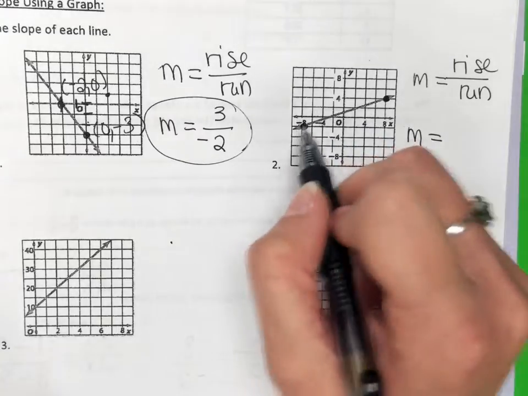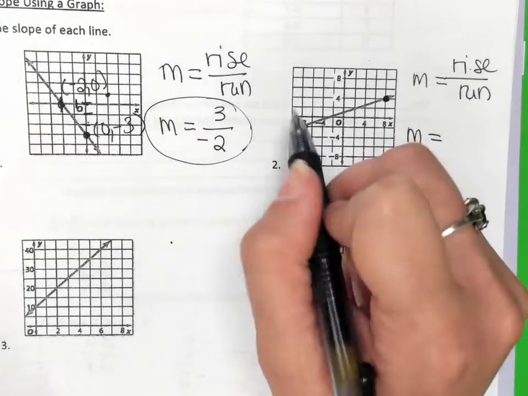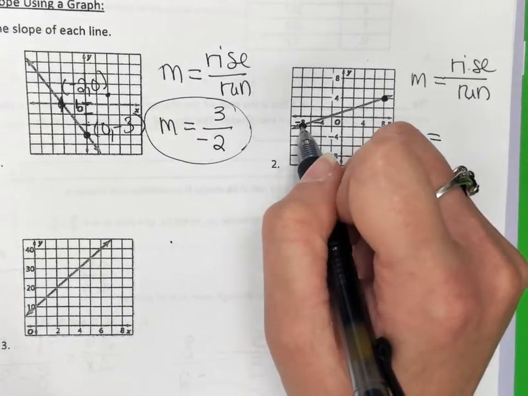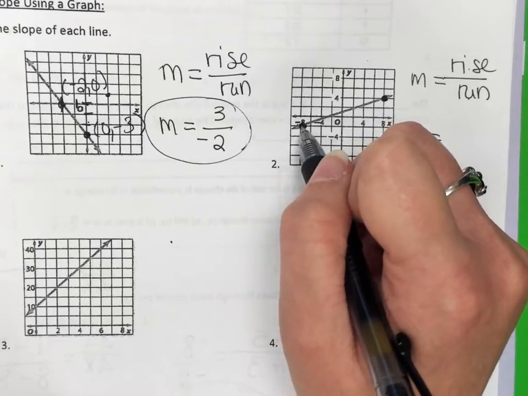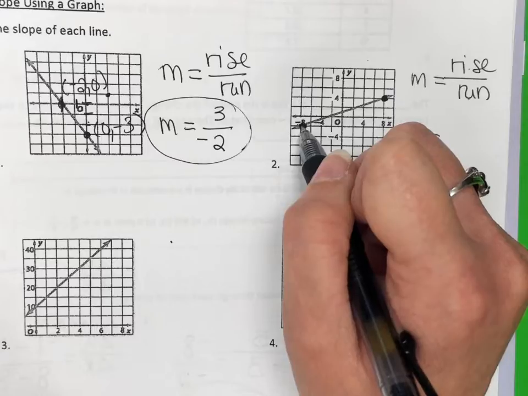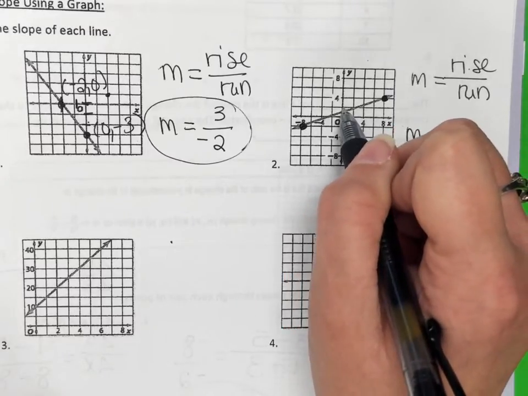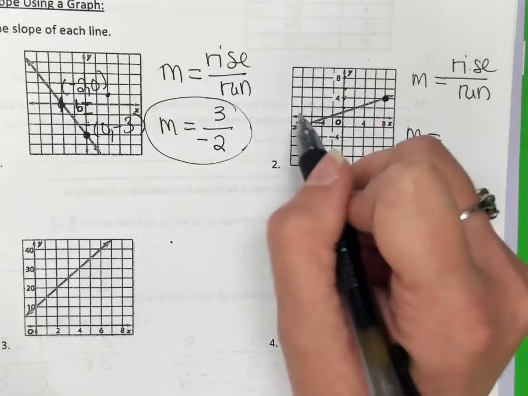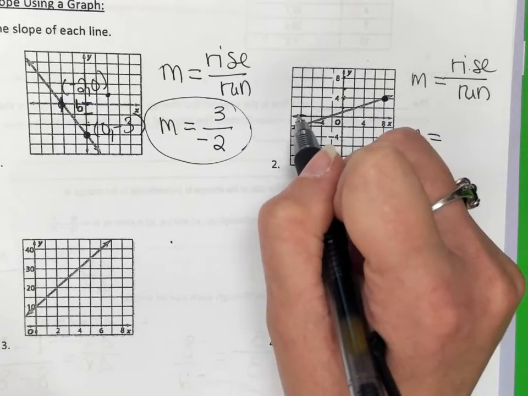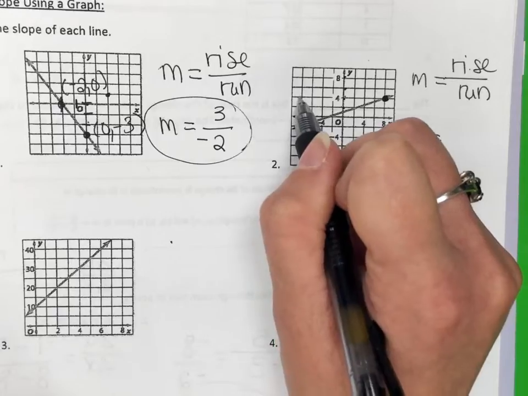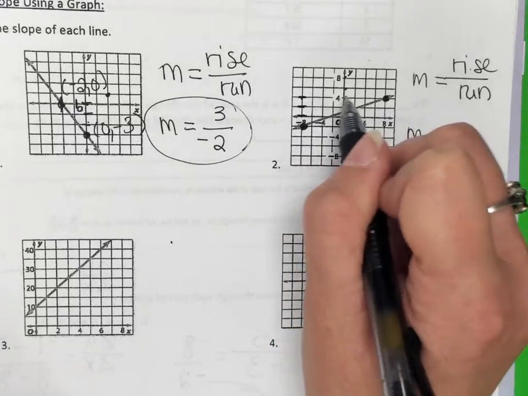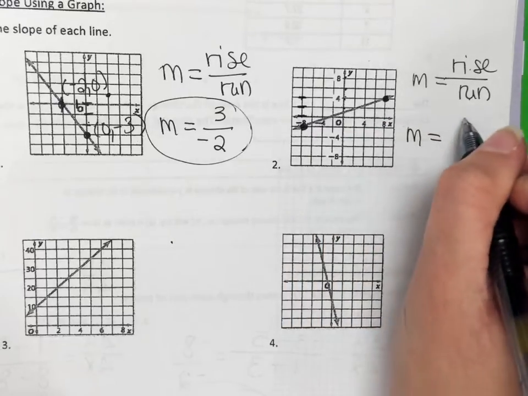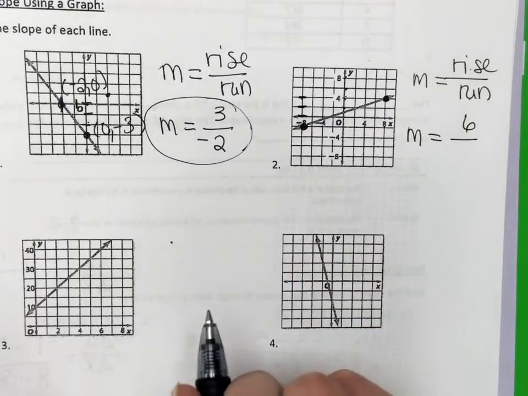All right. So here we go. Slope is rise over run. So start at the bottom dot. How much do you have to rise? And be careful. I am not counting by 1s. I'm counting by 2s. Because it's blank and then 4 and then blank and then 8. So it's 2, 4, 6, 8. So I'm going to go up 2, 4, 6. The reason I'm stopping here is because you see how it's level with that dot? So if I went up 6, that's positive 6.